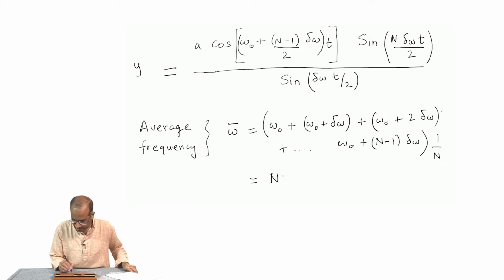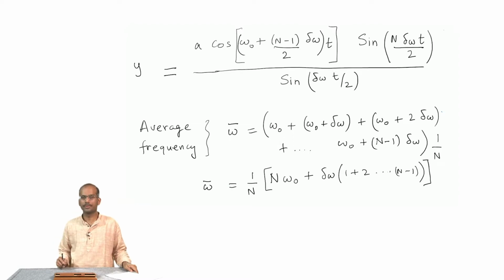I am going to have n times omega 0, because there is one omega 0 in each of the terms, and there are n terms. Plus, if you take delta omega outside, you will have 1 plus 2 all the way up to n minus 1. That will be omega bar.